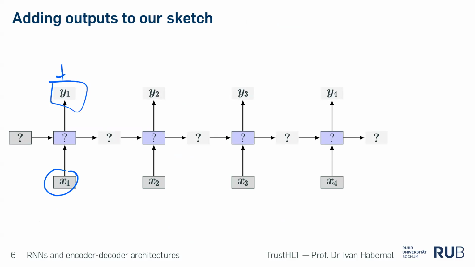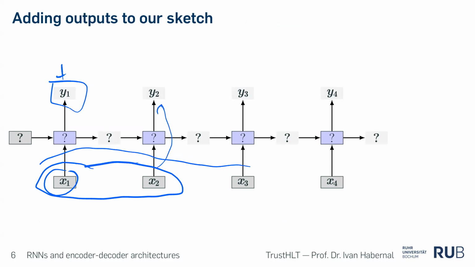Here the input was x1 and x2, so we will output y2. And here, again, the input sequence was all those 3, because this goes through this flow of information of these functions, and it outputs y3 and so on. So at each point, you're outputting some vector for everything which you've seen before. Okay? Make sense? That's great.